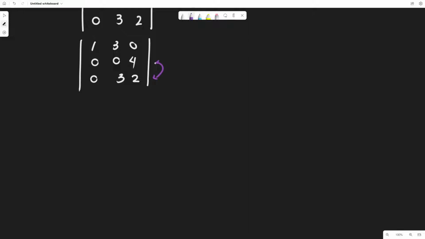So, let's say, R2 will be R3. Then, R3 will be R2. Diba? So, pag nagpalit tayo, obviously, sa properties natin, magpapalit tayo ng sign.